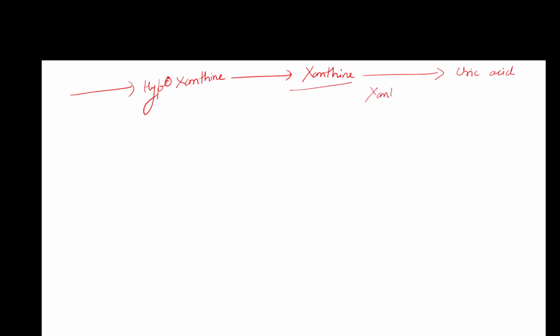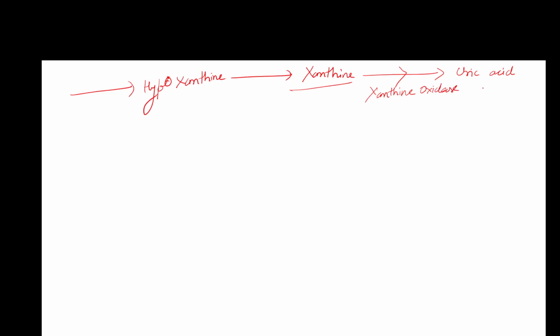So from our diet, we get purines, we get hypoxanthine. Hypoxanthine is converted to xanthine, and now this xanthine gets converted to uric acid, with the help of xanthine oxidase.